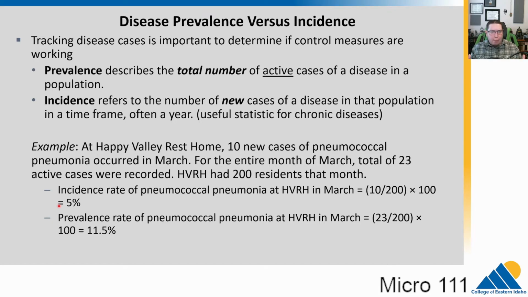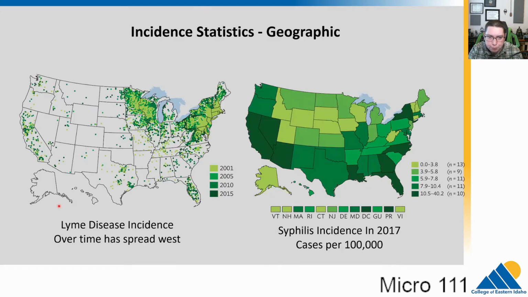If we took steps to control this outbreak, like maybe we made everybody in the facility wear a mask if this is transmitted respiratorily, we would look next month and see, are the number of new cases going down? Are the number of active cases going down? So that would be a direct quantitative way to try and measure this. Of course, you have to use statistics and things like this, and it gets complicated quite quickly, but we have to have numerical ways of measuring this stuff.